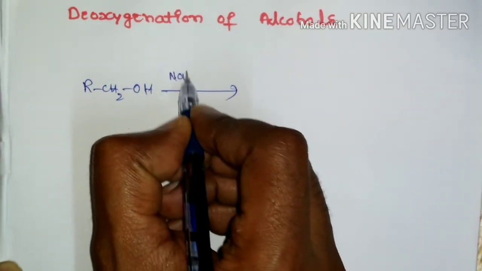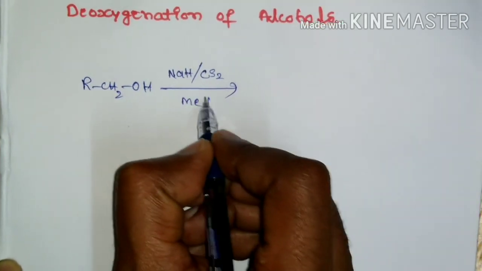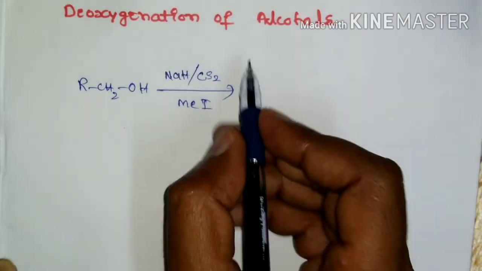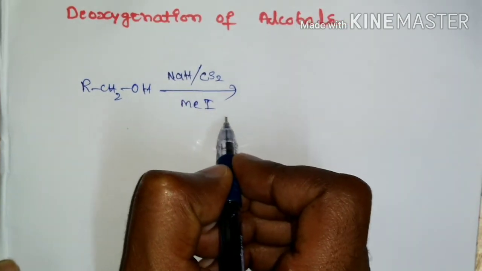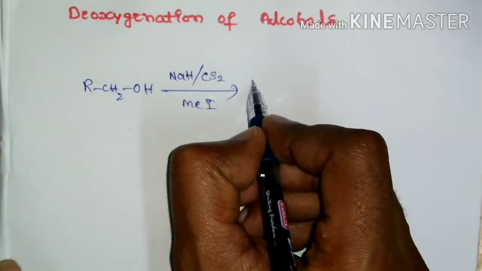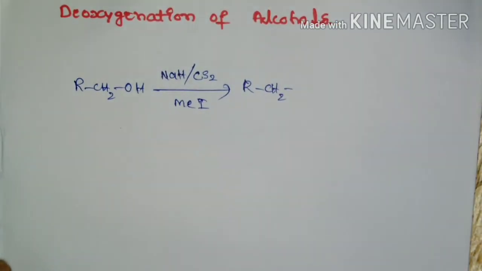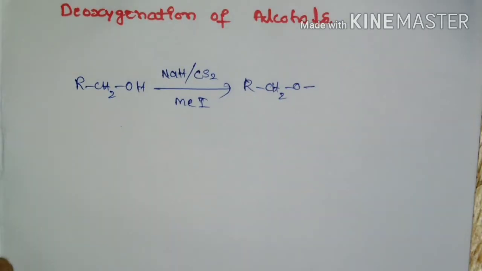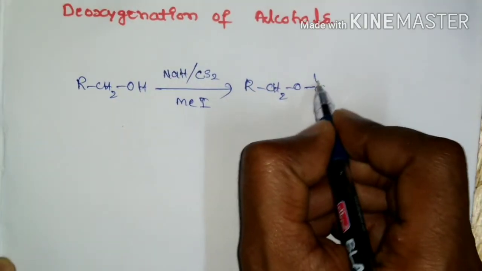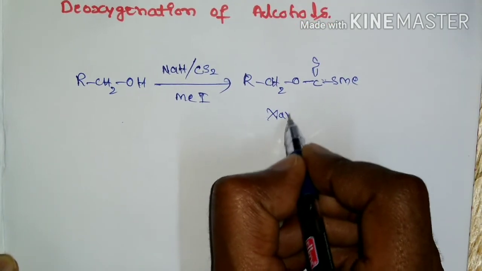There will be one more step: we need to react it with sodium hydride, carbon disulfide and methyl iodide. So we are going to get the xanthate ester, RCH2-O-C(=S)-SMe. So this is the xanthate ester.